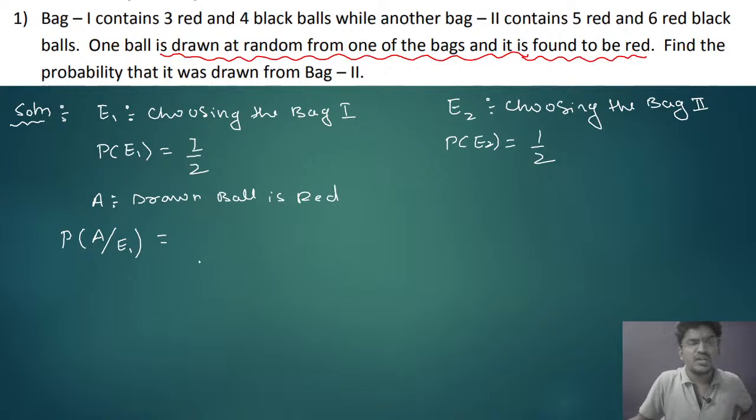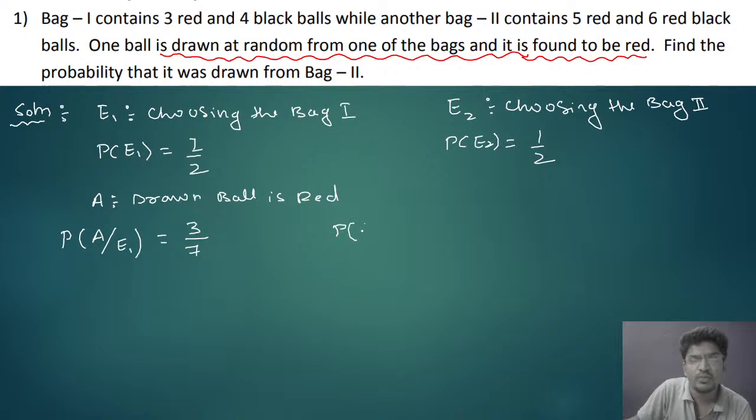Okay. So now tell me, in bag 1 how many total balls are there? There are totally 7 balls. Out of that, 3 are red. That means 3 by 7 is the probability of the red ball given that you have chosen bag 1.